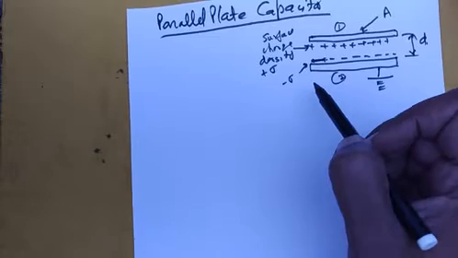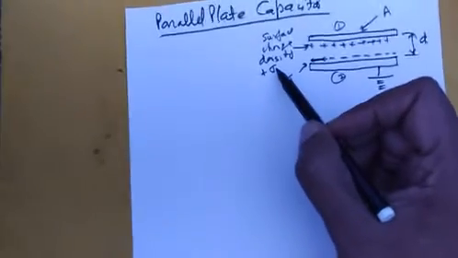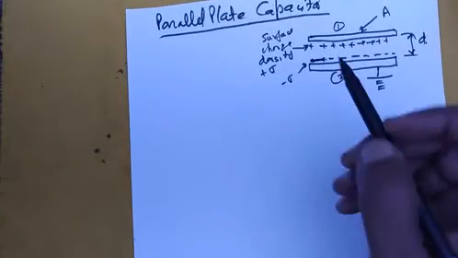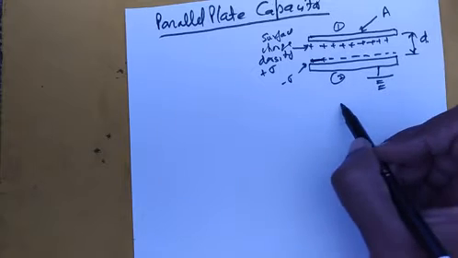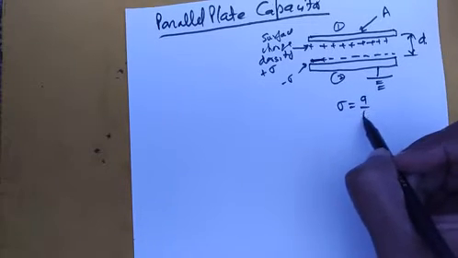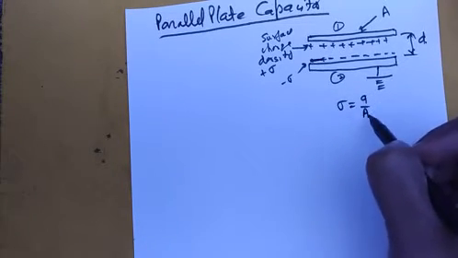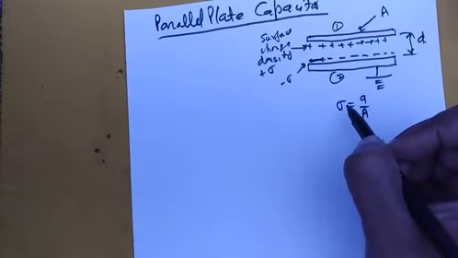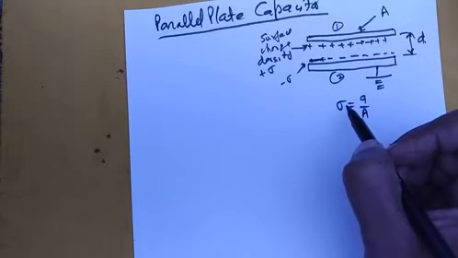So now, what is sigma? Sigma is Q by A, total charge by total area. This is sigma, surface charge density.